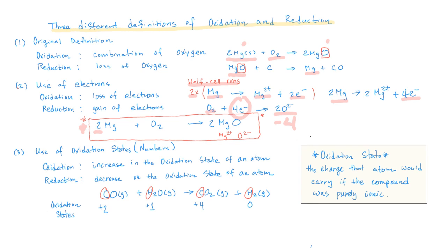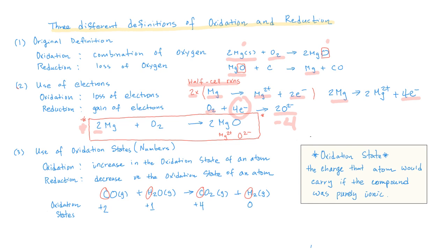So in reality, the compound can be a molecular compound or an ionic compound, but we treat it as a purely ionic compound to determine the charge of an atom. So that's the definition of oxidation state or oxidation number.